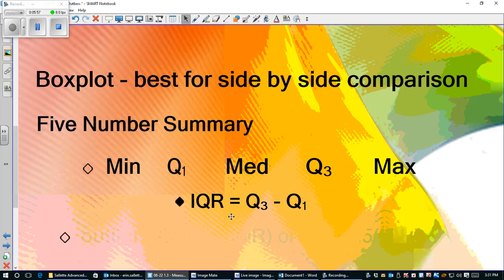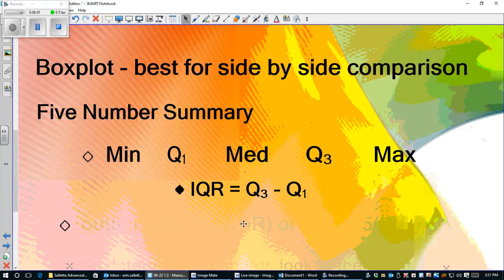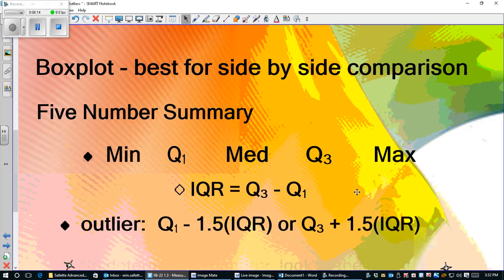We need the IQR mostly because this is going to be the first time that we can find out whether or not something is an outlier. There are many ways to find out whether or not something's an outlier, but one that you're going to use here is by taking 1.5 times your IQR and subtracting it from your lower quartile Q1.